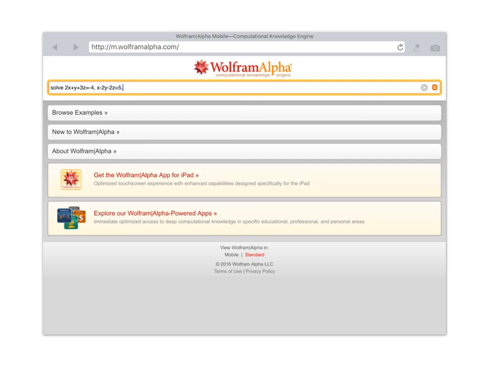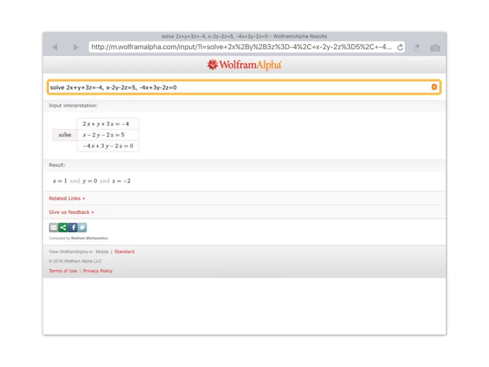And our third equation was negative 4x plus 3y minus 2z equals 0. And I ask Wolfram Alpha to solve that for me, and here we go. We see that it puts out the solutions here. It finds that x equals 1, y equals 0, and z equals negative 2, just like we found before.